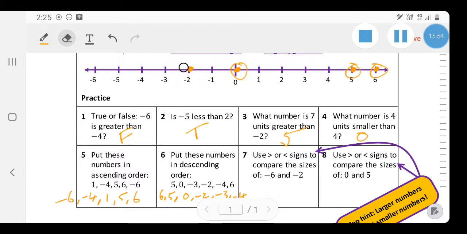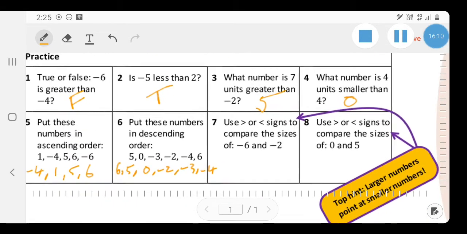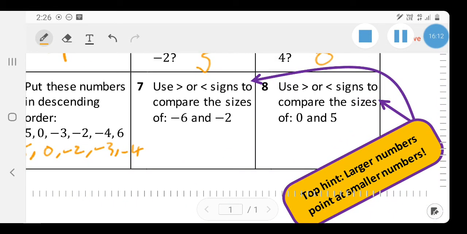All right. We're almost there, even though I've said that about 16,000 times now. Question 7. Use greater than or less than signs to compare the sizes of minus 6 and minus 2. Well, what on earth does that mean? Well, we've got a little hint down here. Top hint. Larger numbers point at smaller numbers.